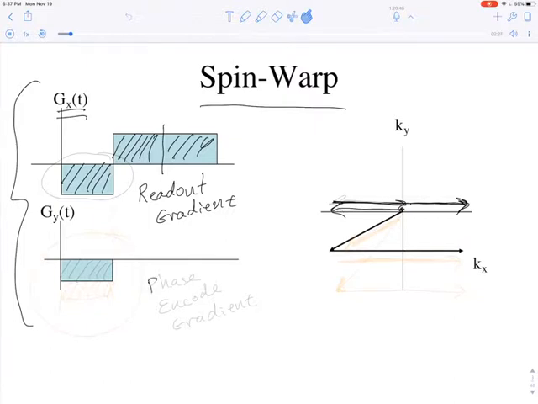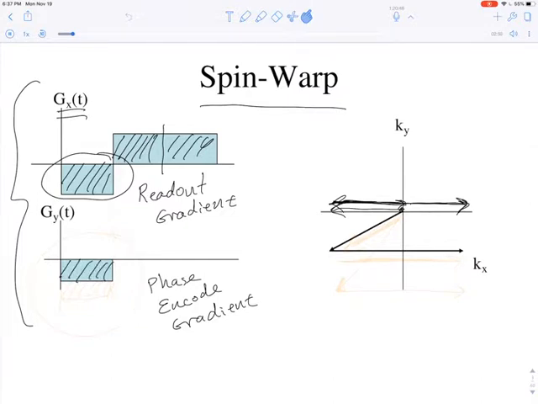This gradient here is called the phase encode gradient. What it does is, as I'm moving out here, this gradient is moving me over here in this direction. This gradient is moving me in the KY direction.